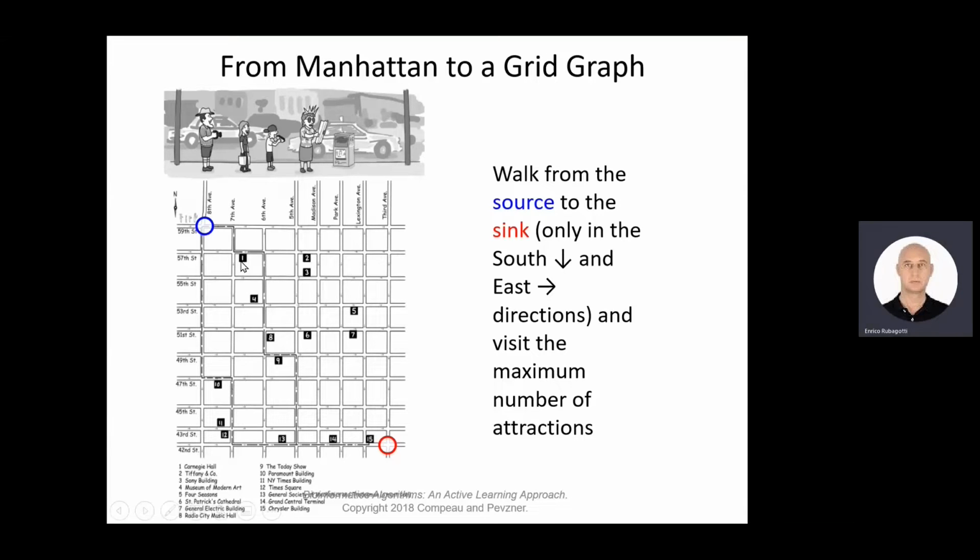We have Carnegie Hall, we have Tiffany, we have the Sony building, and we have the Chrysler building, furthermore. And we want only to go east or south and visit the maximum number of attractions.